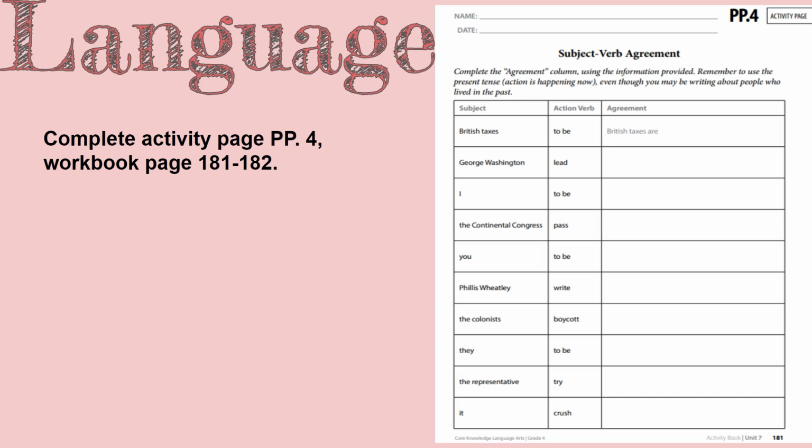All right, leaders, now that you've had some time to go over the chart, let's take a look. George Washington lead. George Washington leads. Remember, we need the S at the end. I to be. I am. The Continental Congress pass. The Continental Congress passes.